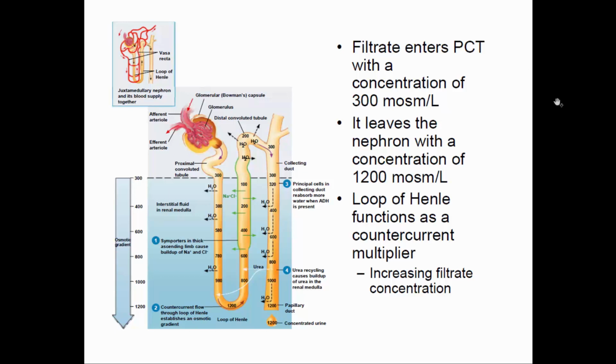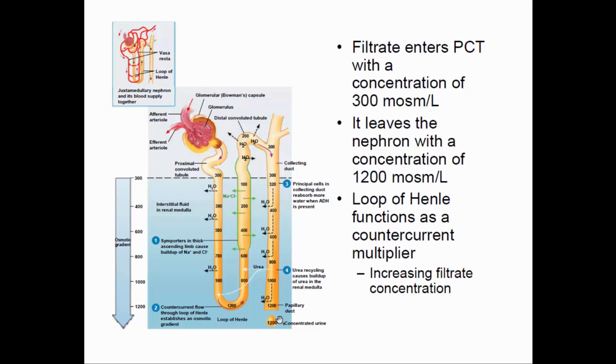So we start off with about 300 milliosmoles per liter. It's going to leave the nephron with a concentration of about 1200 milliosmoles per liter. Now, this is for concentrated urine. In other words, you're probably a little dehydrated and we need to conserve that water. So the urine is going to be more concentrated.